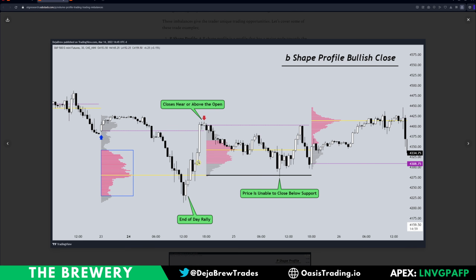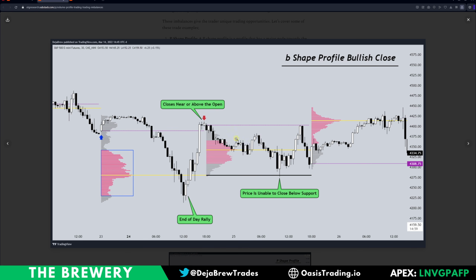So if you have an end of day rally and you begin to close towards the high of that profile, then what you want to look for on the following day is that cluster of volume that was on that lowercase b to act as support. Before, you were looking for it to act as resistance, but because we closed so strong, those traders that were selling the low might be trapped now.